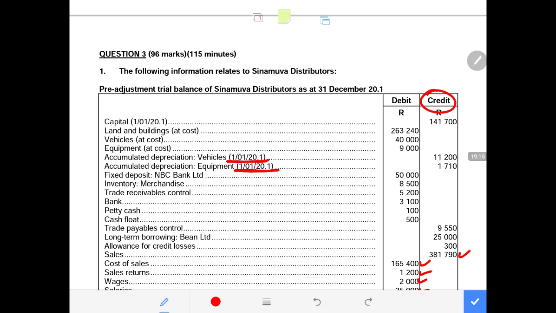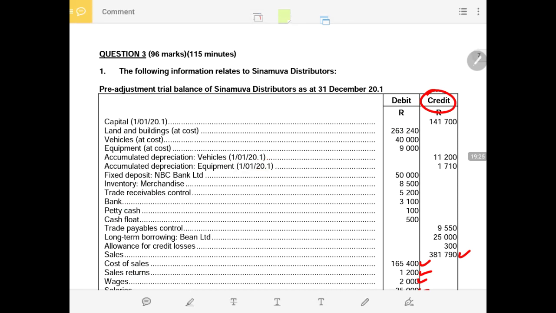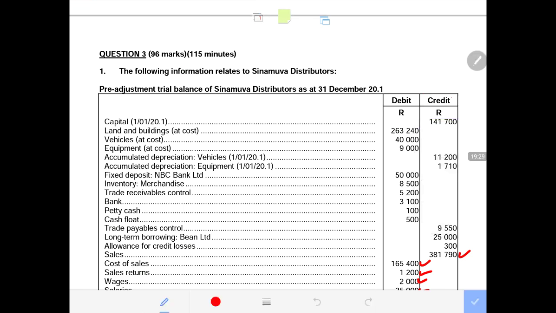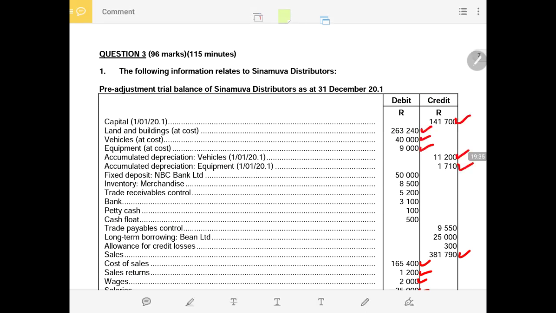Therefore, most of the times there will be a line somewhere that says depreciation. Therefore we'll just copy the depreciation and paste it where it's supposed to be recorded. This is done, this is done, this is done, this is done, this is done, and this is done.